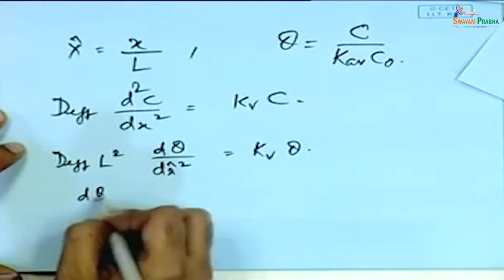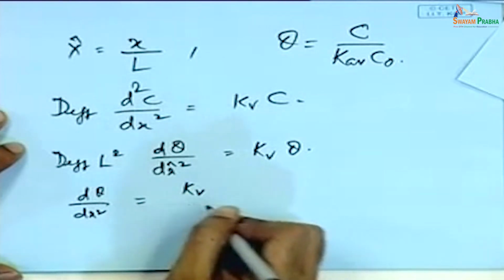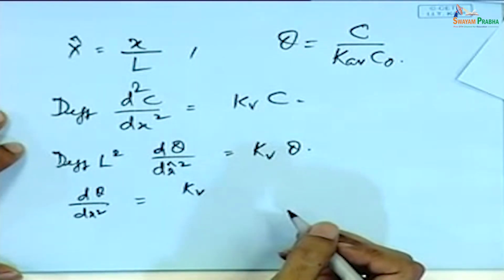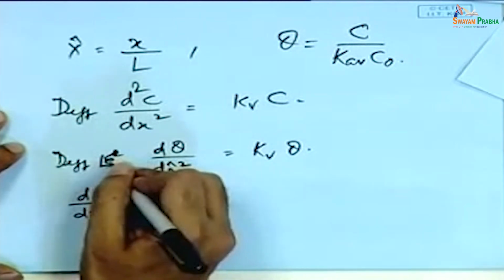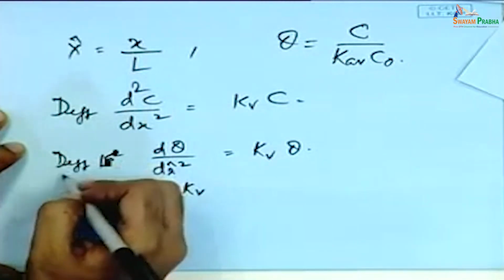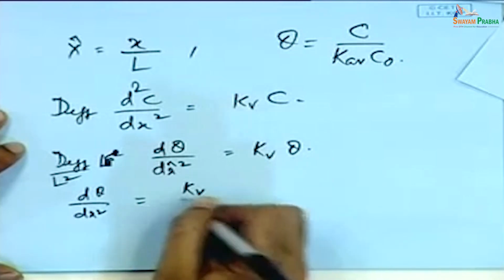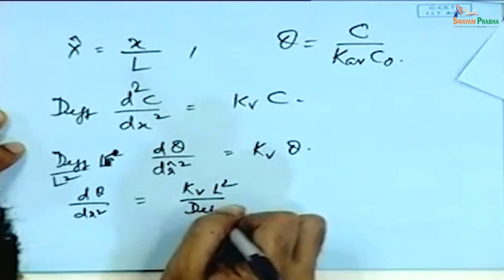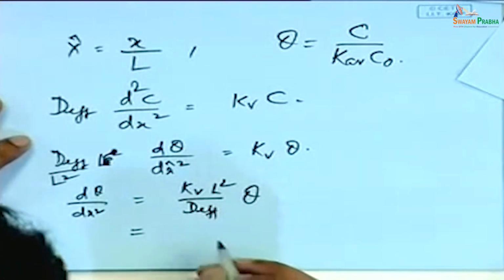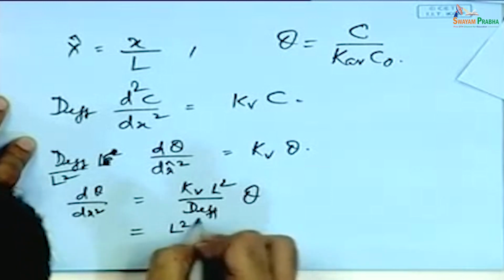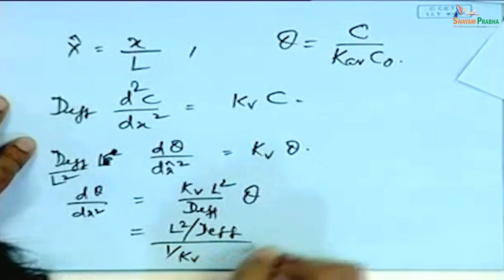So kV should be in the denominator, yeah. So, kV L square over D effective times theta. Now, this could be written as L square over D effective divided by 1 over kV times theta.